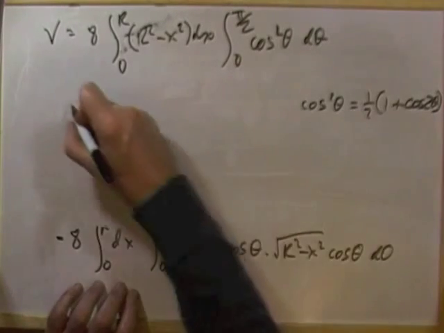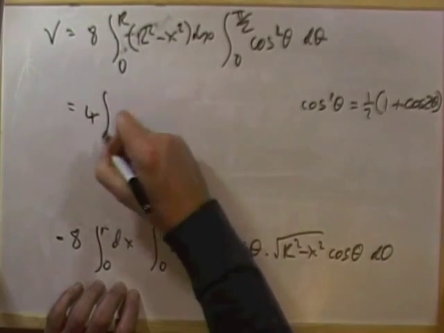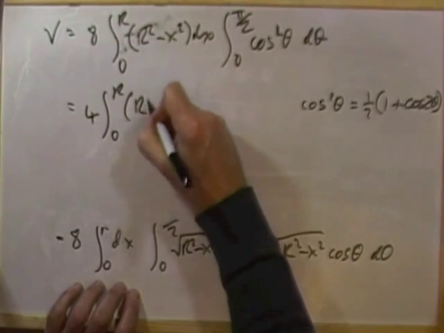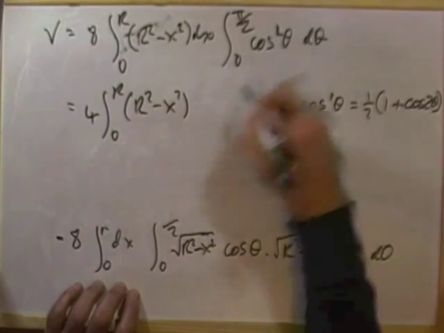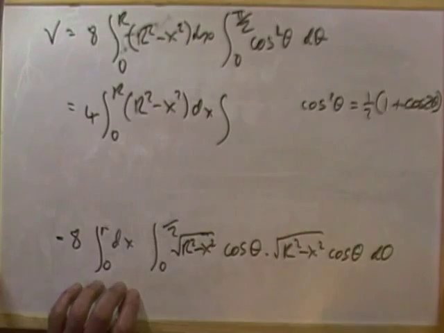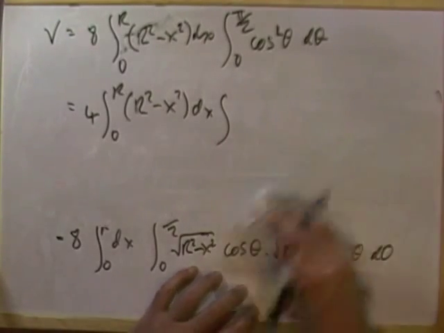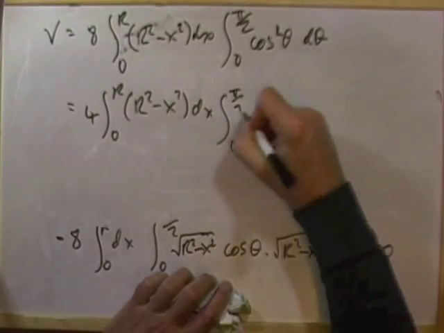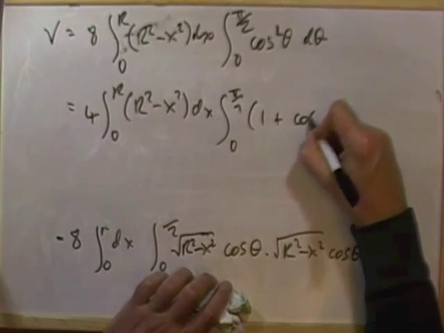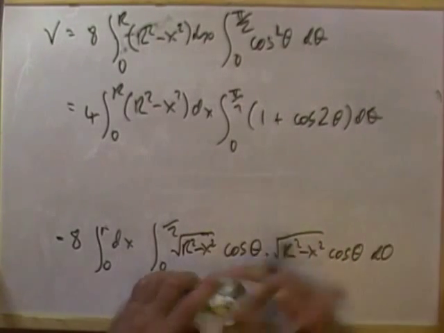There's a half, I can take that out, so that drops down to 4 now. So I've got 0 to r, and yes, I could have worked this part out independently of the theta one because they don't share anything in common. And here I'm going to have 1 plus cos 2 theta d theta.